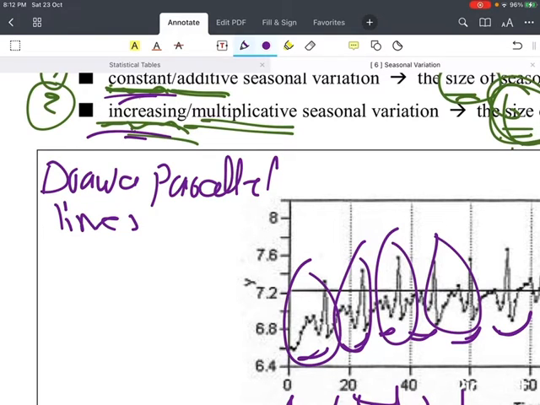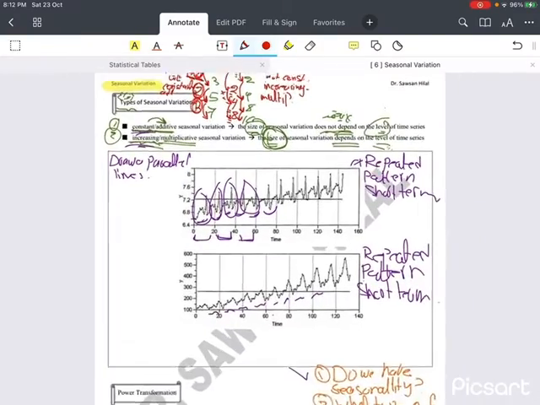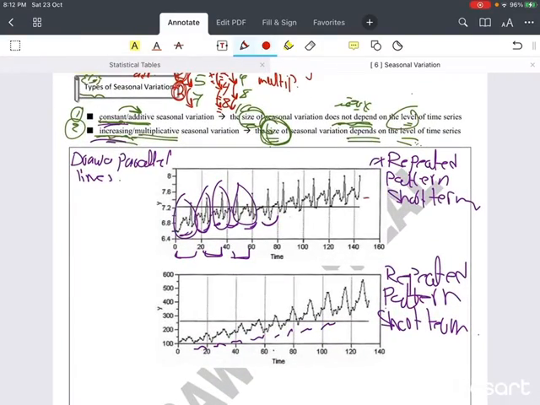Okay, you will go and draw parallel lines on the two graphs, from here and from here and from here and from here. Okay, we draw parallel lines.